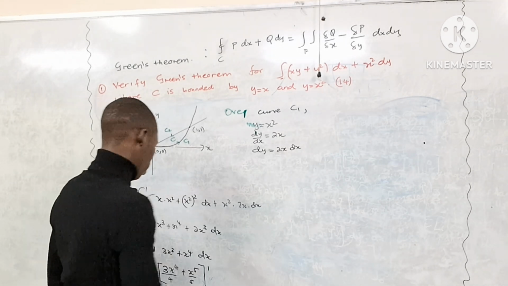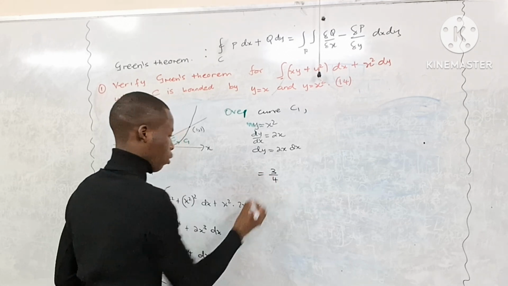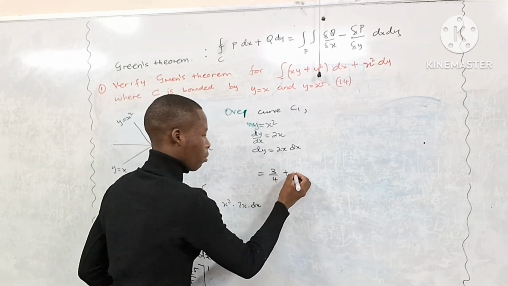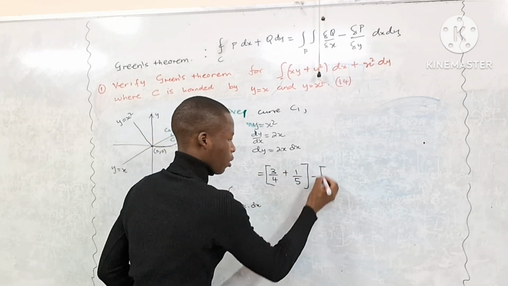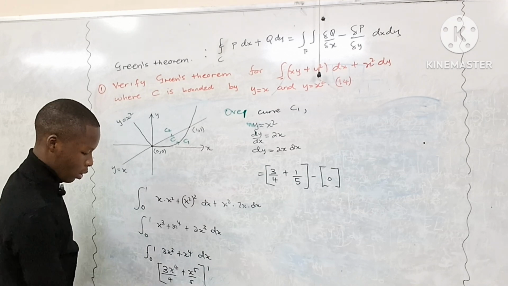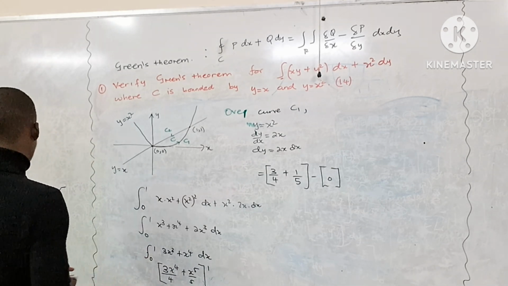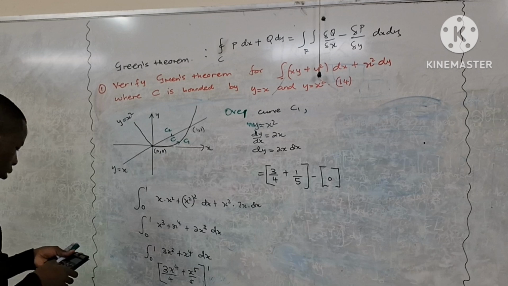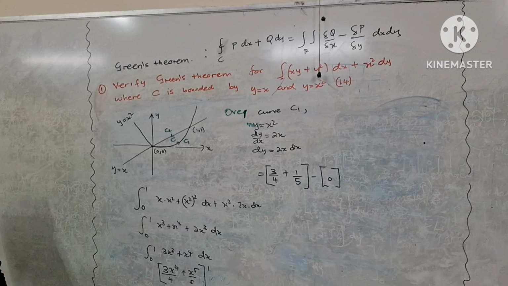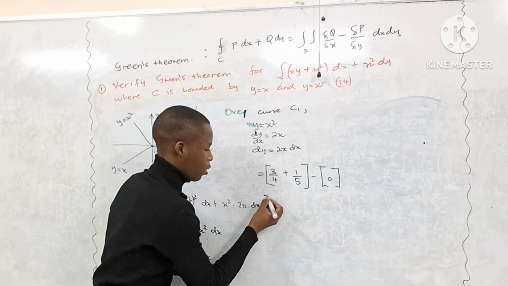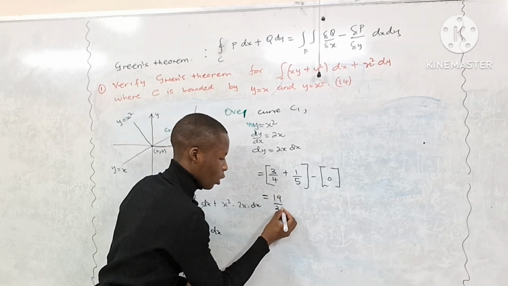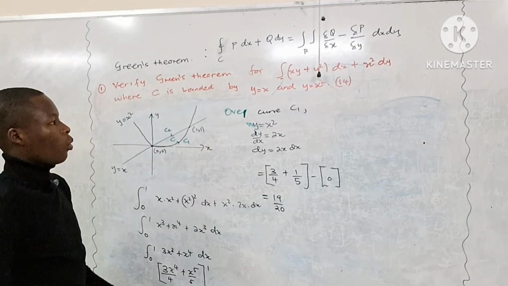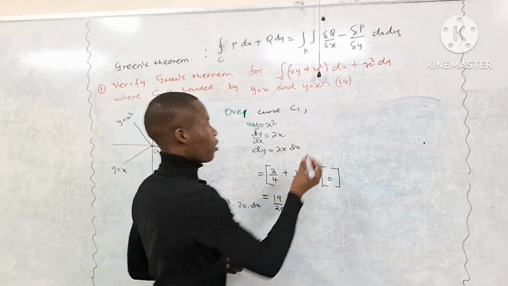This is 3 over 4 plus 1 over 5. If you substitute 0, it's 0, so subtract 0. 3 by 4 plus 1 by 5. The answer is 19 by 20.